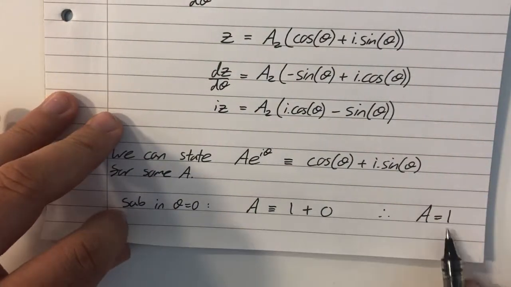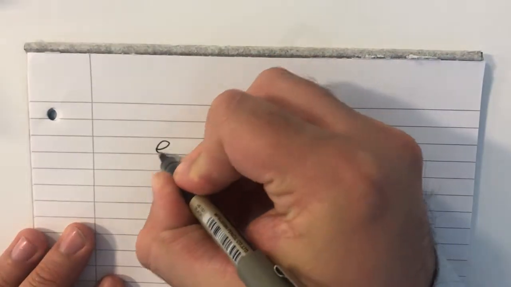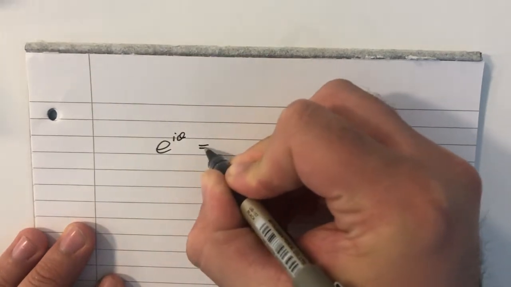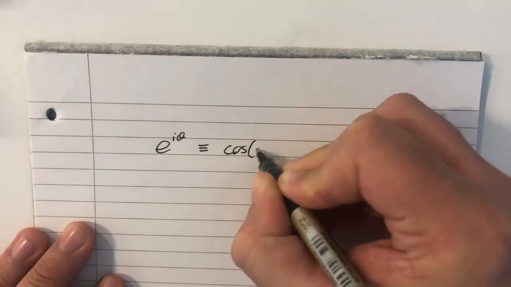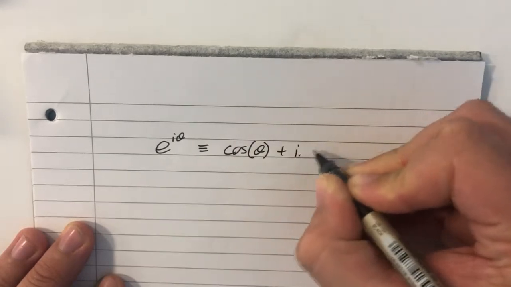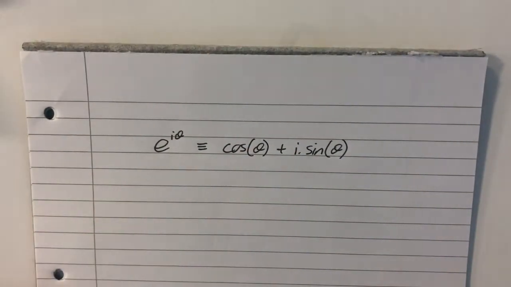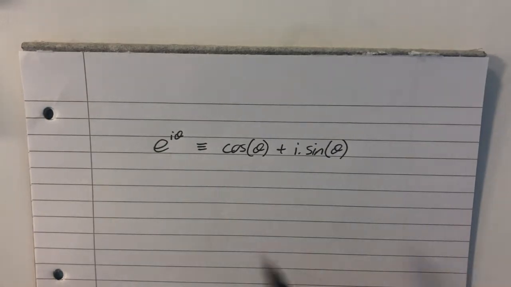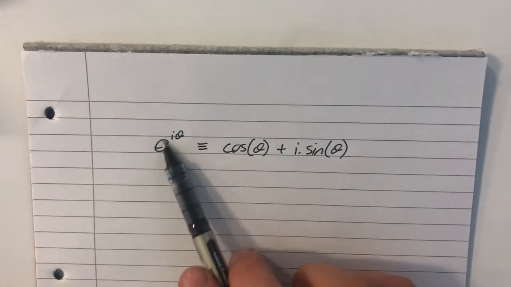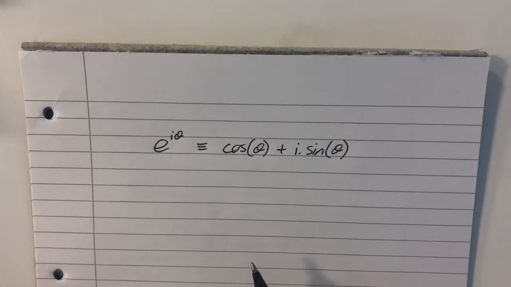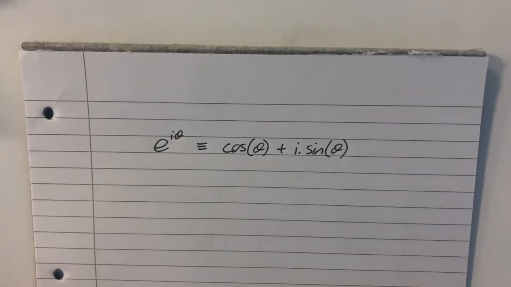What does that tell us? Well, if we take that now and plug it back into the line above, we get that e to the i theta is identical to cos of theta plus i times sine of theta. That's the definition for complex exponentials. We can go one step further from there.